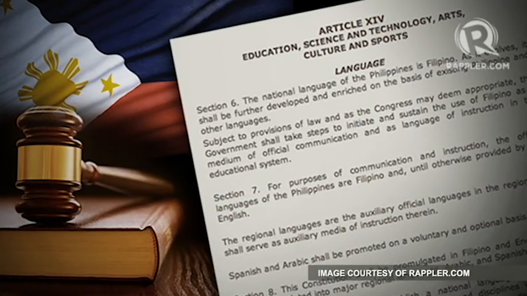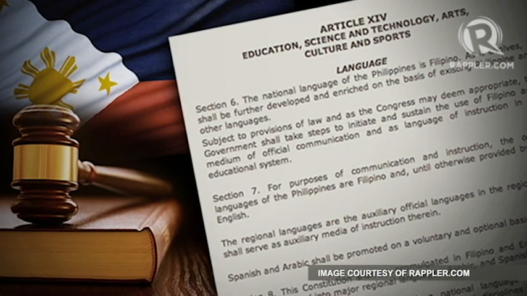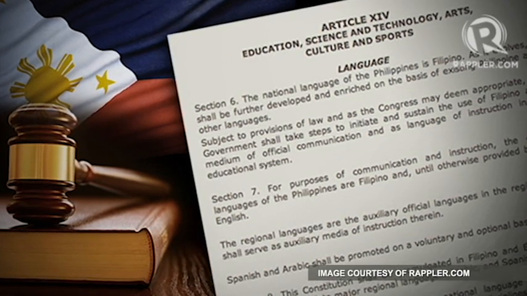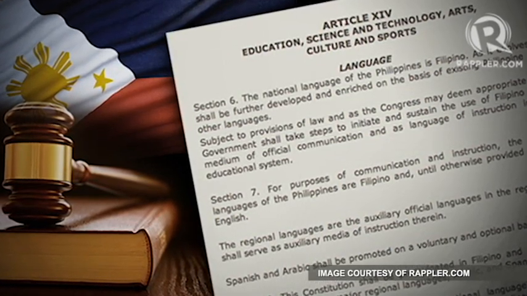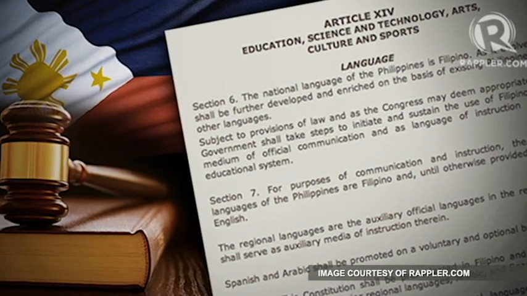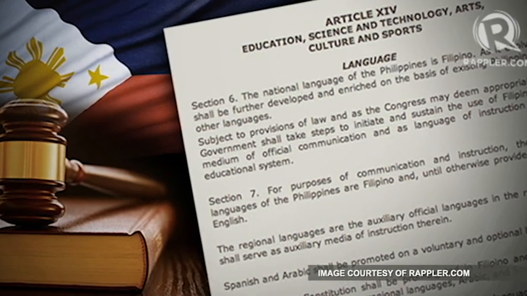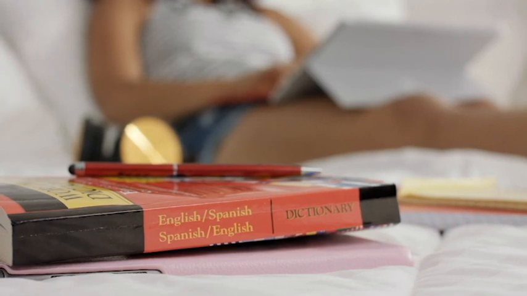We have looked at the foreign borrowings in the Filipino language. But what about the borrowings from the local languages? Remember that in the 1987 Constitution, Filipino is supposed to be further developed and enriched on the basis of existing Philippine and other languages. At present, there are very few borrowings in the Filipino language from other local languages.